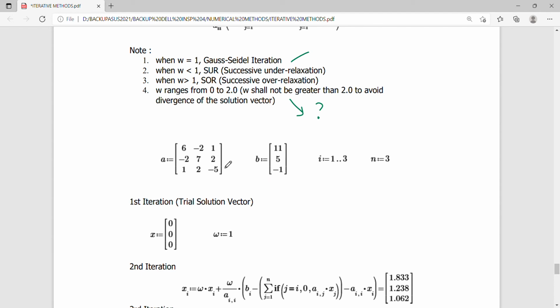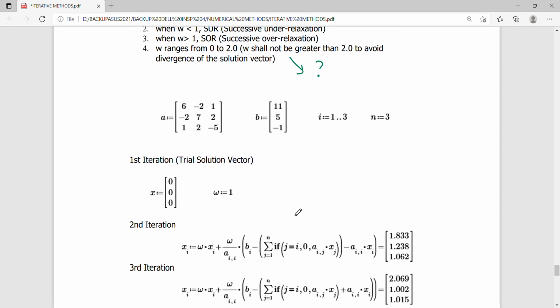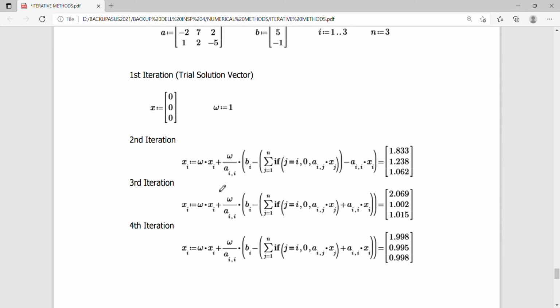Okay, so let's go back to the original equation and try to use now my program, using the relaxation method, assuming omega is equal to 1. And you will notice that the solution vector yields the same result as that of the Gauss-Seidel because I plug in omega equal to 1.